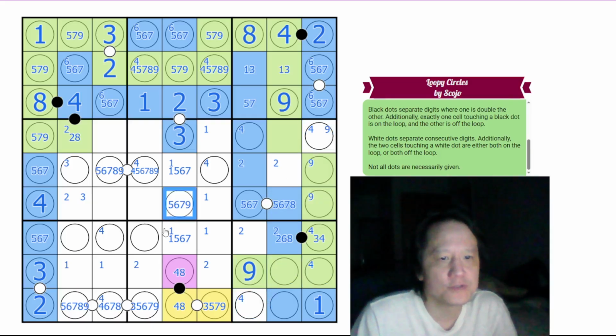9 has to be one of these 3 and on the loop.